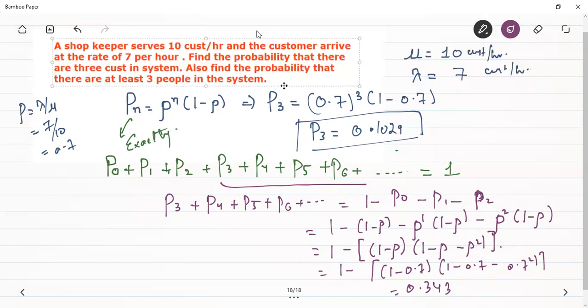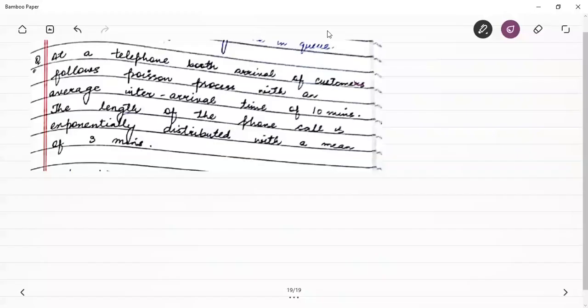Let's move on to some more questions. So let's look at this question. At a telephone booth, arrival of a customer follows Poisson process with an average inter-arrival time of 10 minutes. Okay. So यहाँ पे question में सीधा कहता है that एक telephone booth है, वहाँ पे people are arriving, okay, to make a phone call, and the average inter-arrival time is 10 minutes.